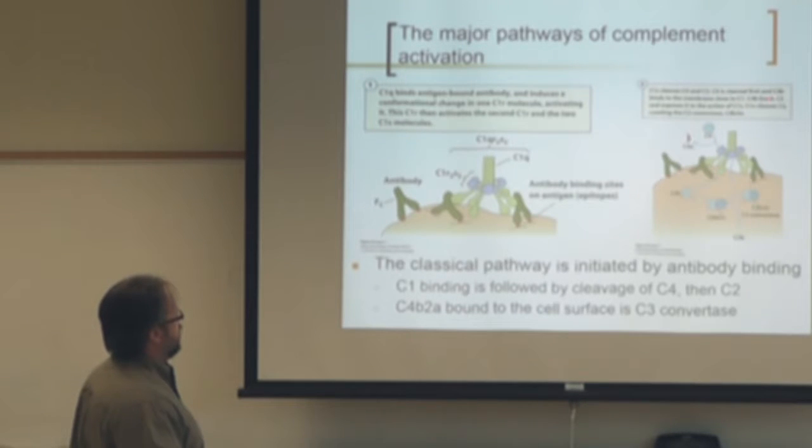C4b binds C2, and then exposes it to the action of C1s. So that's why C4 comes first, because you need the C4b to bind, and then it will bind to C2 and expose it to the enzymatic activity of C1s, and then C1s cleaves the C2, creating the C3 convertase, which is this C4b2a.